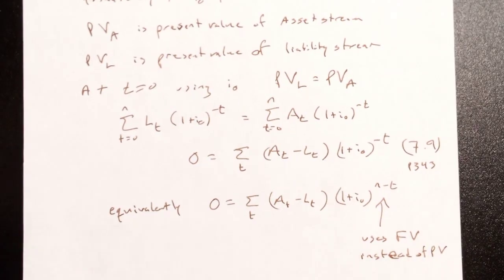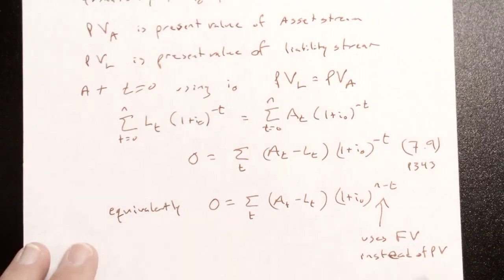If I use a different exponent, n minus t, instead of negative t, that's the future value. I'm moving the cash flow forward from time t to time n, rather than moving the cash flow from time t back to time 0. This is equation 7.10, same page.